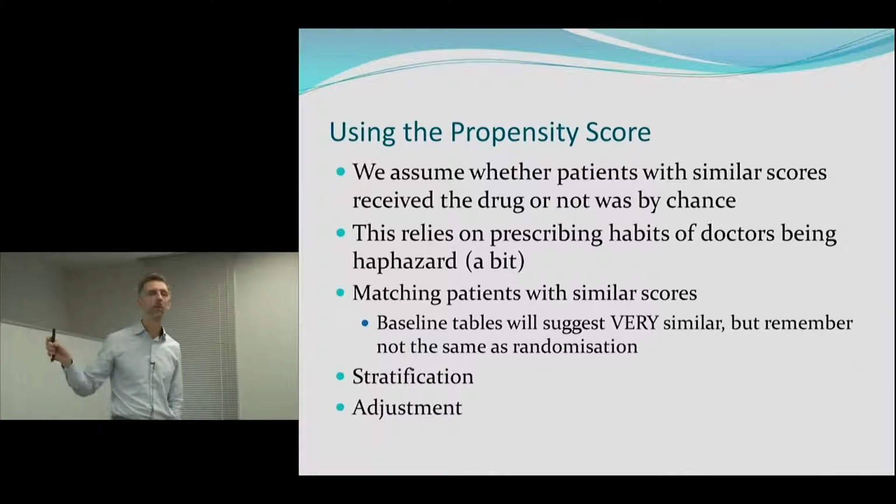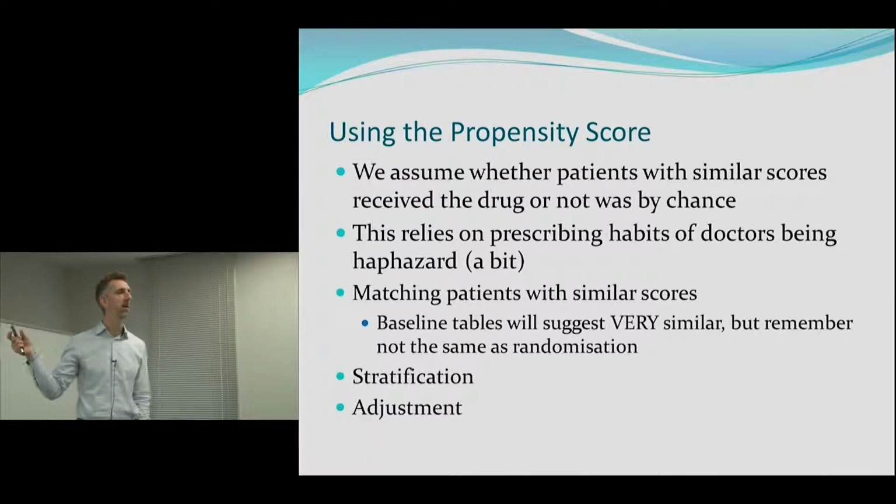What's really important to remember is that if I match and my baseline table 1 shows them being very similar, it's not the same as randomization. Patients could still be very different from each other on factors that we didn't include in the propensity score and that we don't know about. Okay?